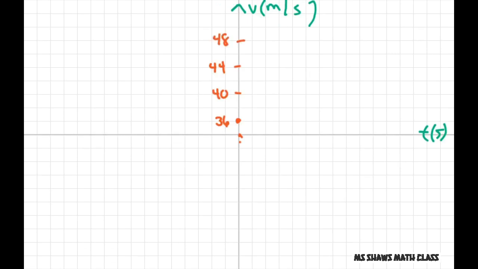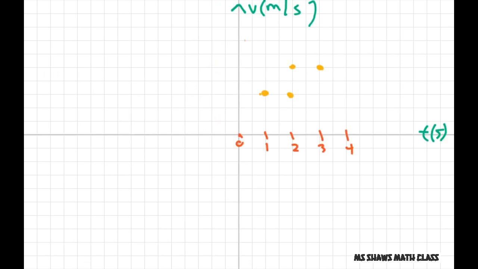And we'll just let this be 0, 1, 2, 3, 4. And if you graph this, we get this. 3 goes to 44. 2 goes to 40. 1 goes to 36.